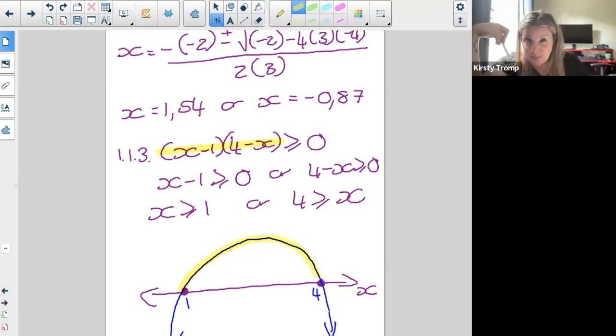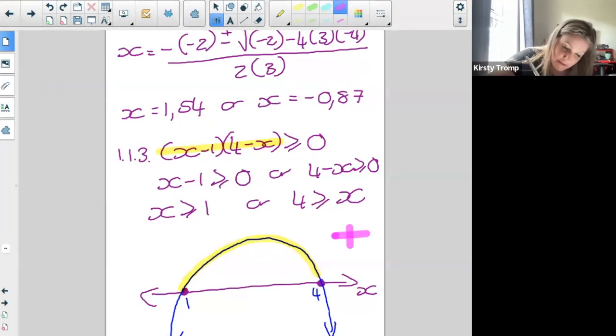Then what do they say to me? They want to know, where is my sad face parabola above 0? Remember that for parabolas, here is above 0 and here is below 0.